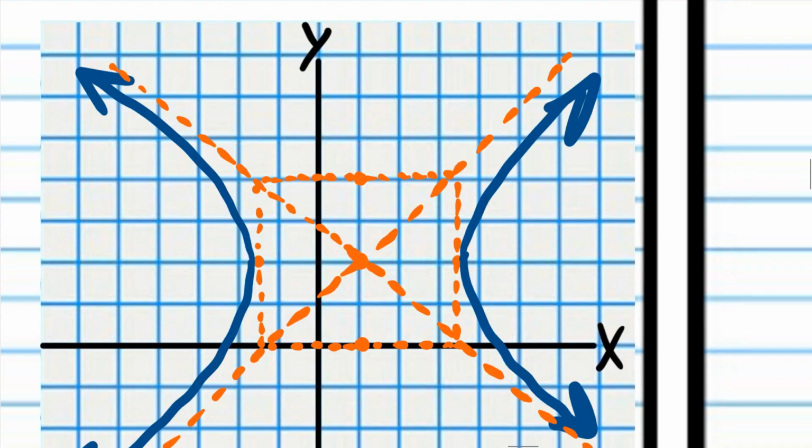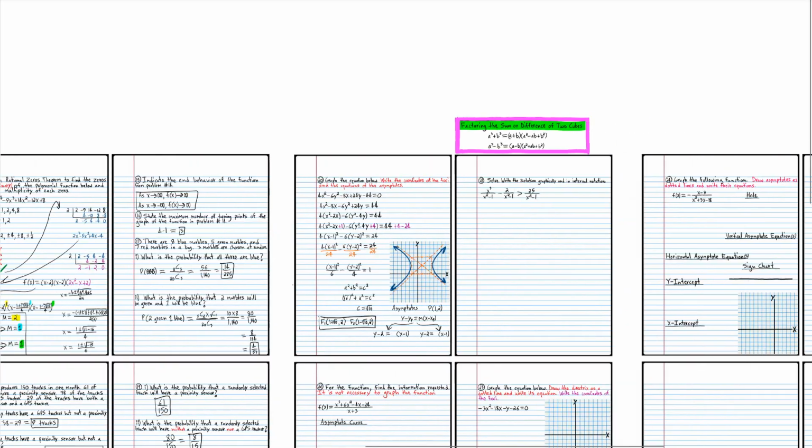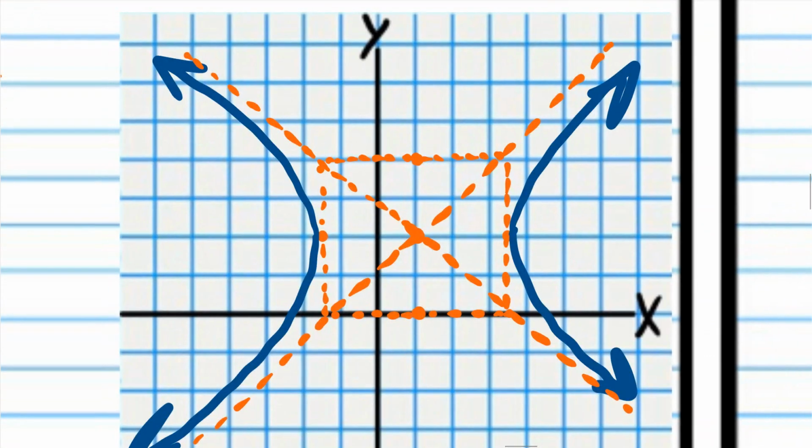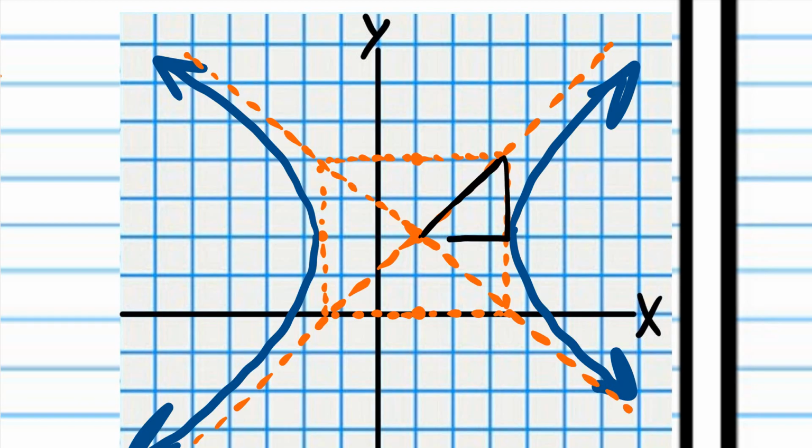So what is the slope of a line? Well, if you look at this line here, you can see the rise and the run. The run is 2, and the rise is root 6.